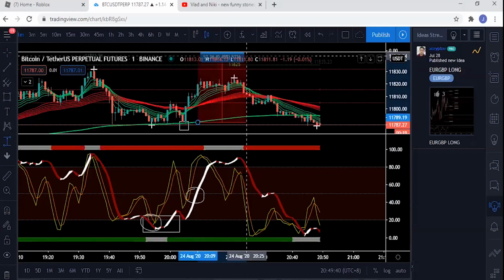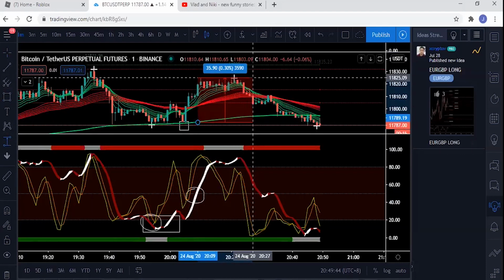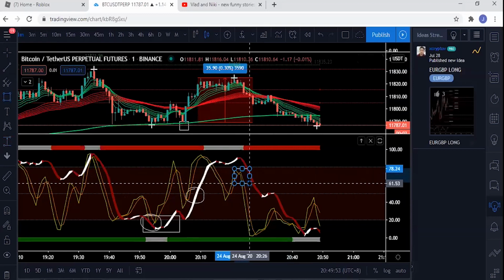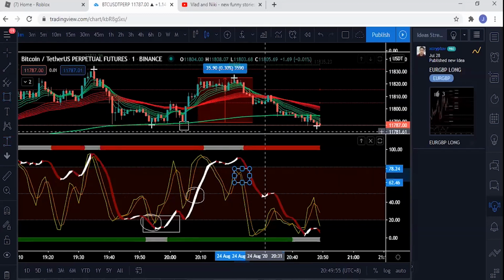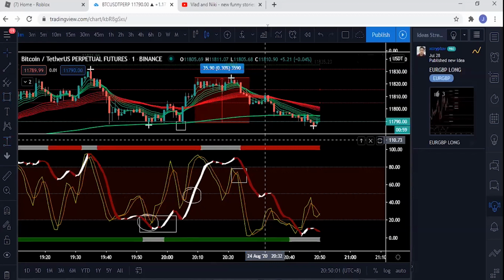In our counter crossover. So you already see a cross, you can exit here. That is already 30% in 1 minute. And then you see a crossover, so you are good to exit the market.